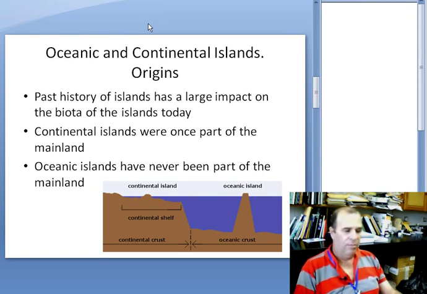So the biota which exists on these oceanic islands must have arrived there by traveling over water. So that immediately places a big filter on the types of plants and animals that you can get on oceanic islands compared to continental islands.